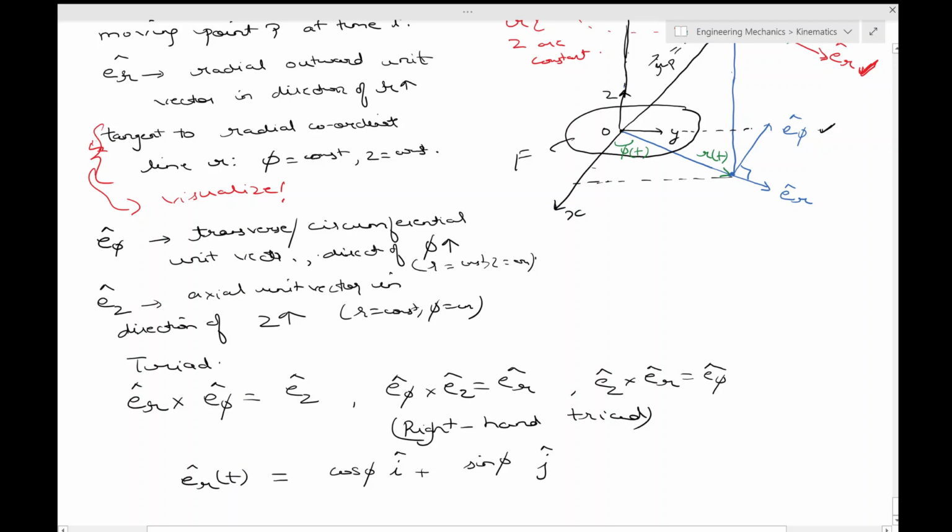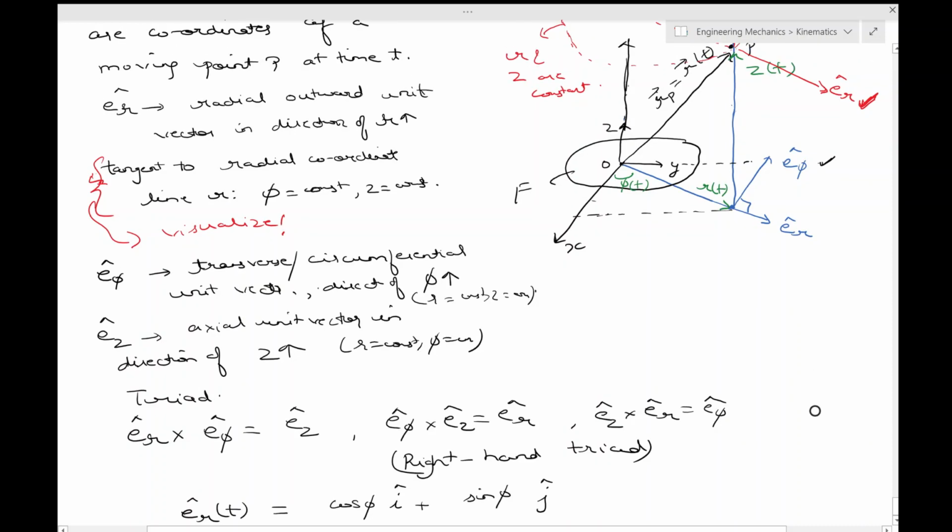I mean, you can see this particular figure which you have, and then you see the direction er over here. Now this has to be written in terms of the x and y axis, because clearly it is actually 0 of k cap, so that's why we are not even writing it. Okay, so this is how we can write.